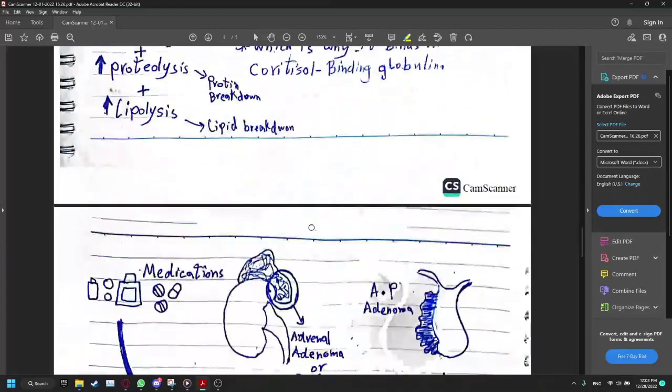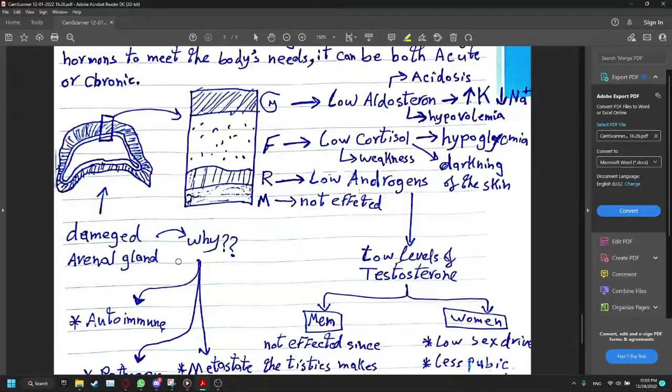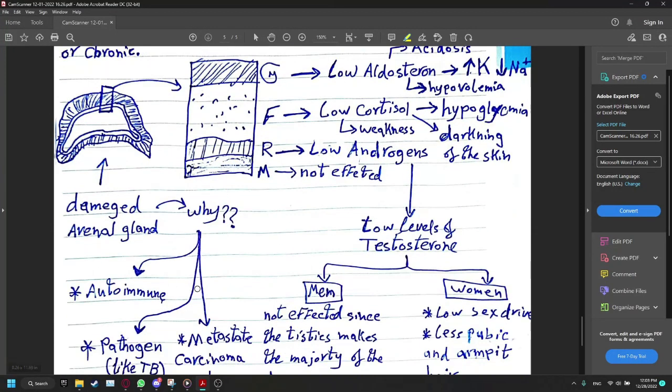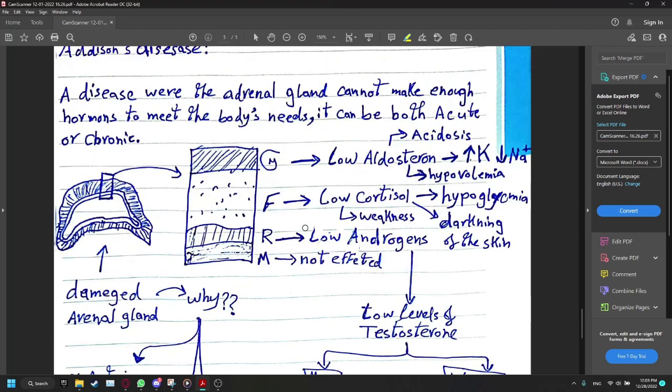And for damage in the adrenal gland, you need to stop the pathogen, treat the cancer, and so on.